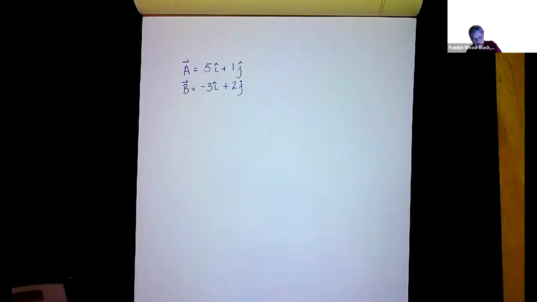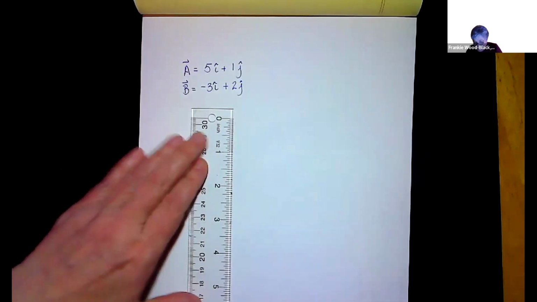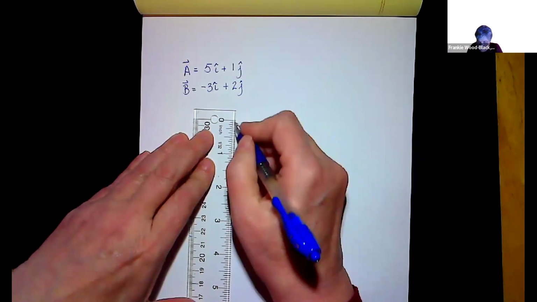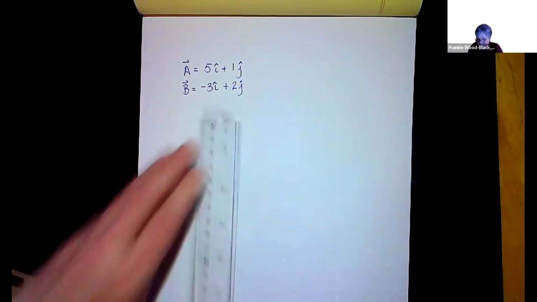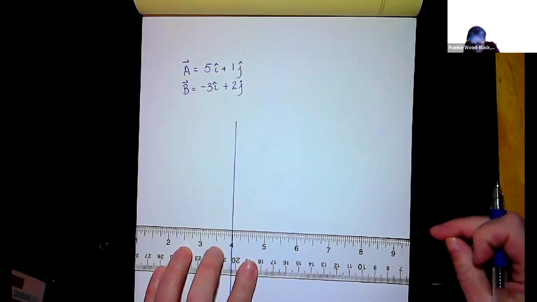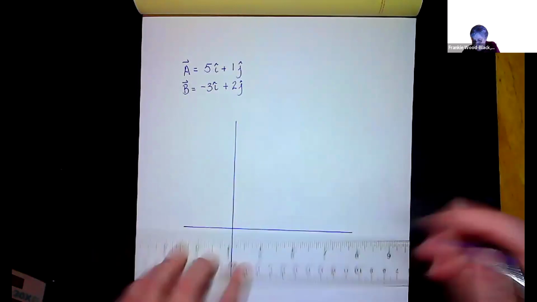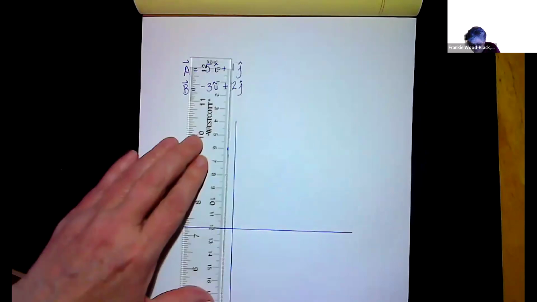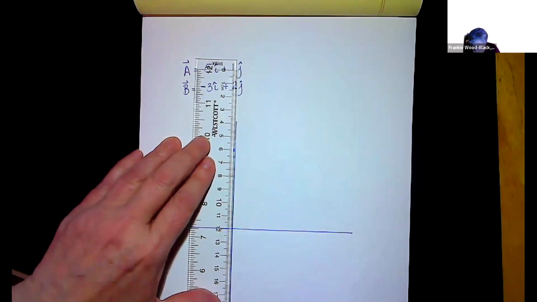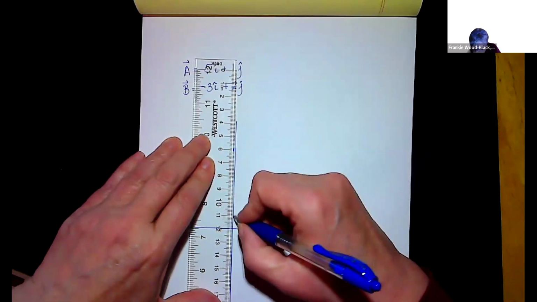So let's go ahead and draw ourselves a grid. And I'm going to give myself some units here. And I'm trying to be as nice and precise as I can.